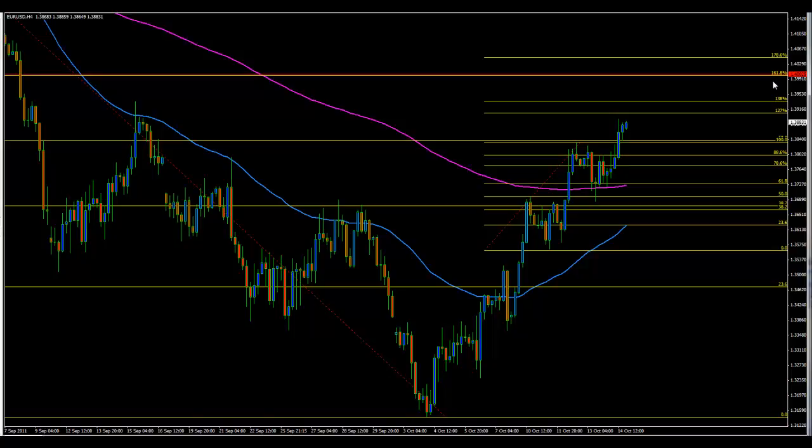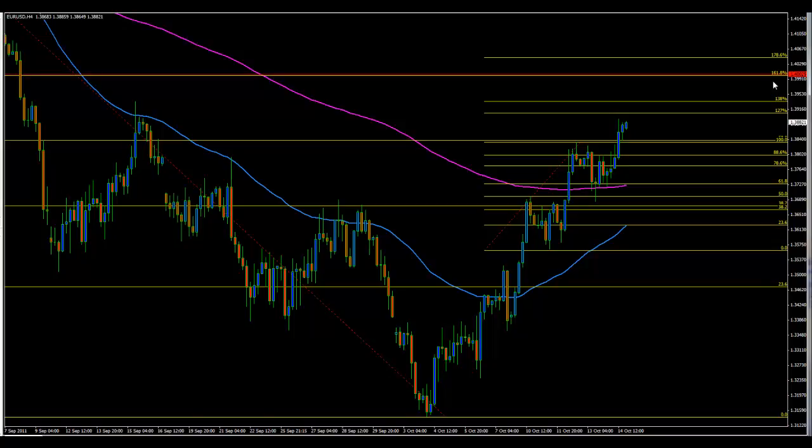Okay, is it going to get there for sure? We don't know for sure. We don't know anything for sure. If anybody tells you in the market that they know exactly what it's going to do in the future, run. There's no possible way. In order to know exactly what the market's going to do, you would have to know what millions of people at the same time are thinking in 100 countries around the world where people are trading, and what everybody's thinking at the same time.